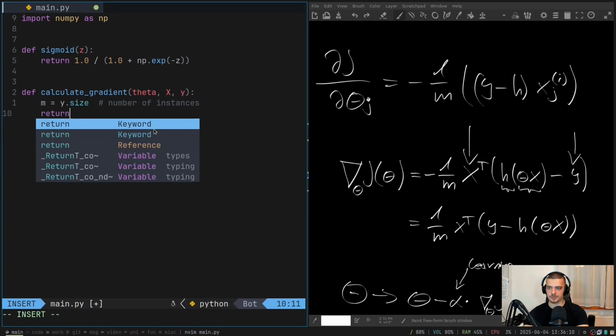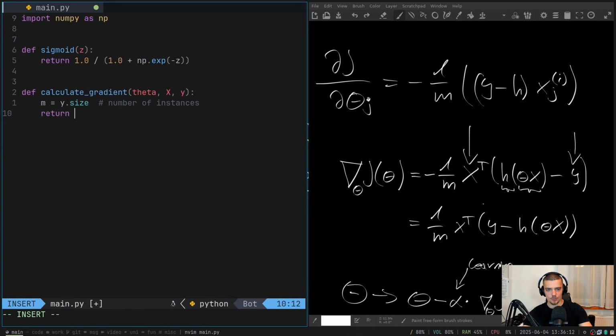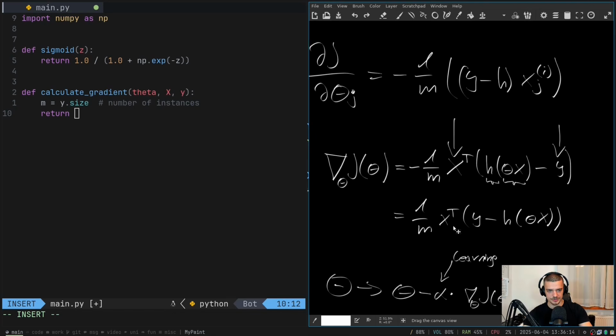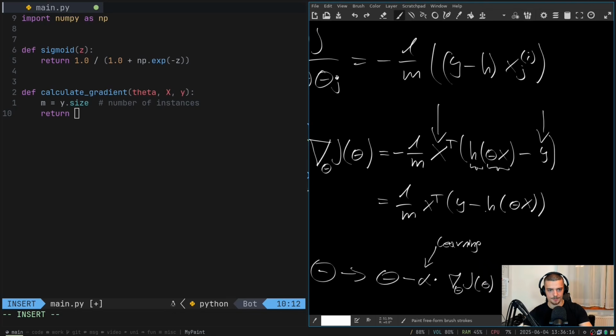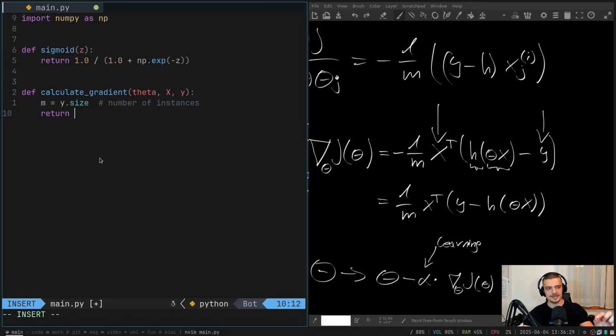And what we do now is we just say return. Now we have x transposed times y minus h of, so minus sigmoid of theta multiplied with x, or in Python notation that would be x multiplied theta. And we take that and we divide it by m. So we say here x transposed matrix multiplication. So this is the at operator. If you don't know about it, this is matrix multiplication.